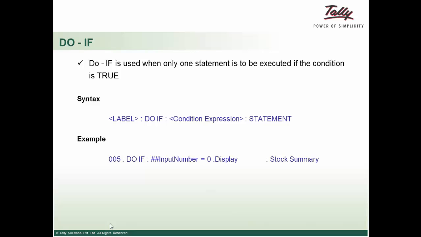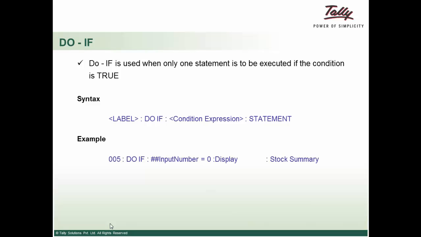And we have a do if conditional statement where you do not have many statements to provide. Say you have only a one-liner if condition that can be provided with the do if. So do if is equal to if and if with one action statement. Do if is used when only one statement is to be executed if the condition is true.